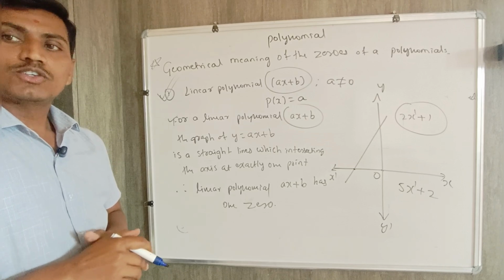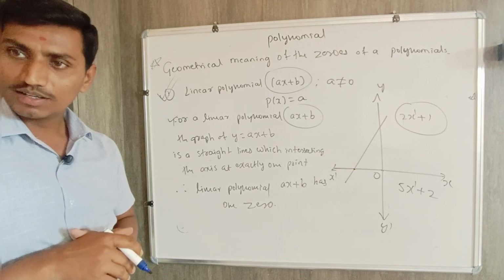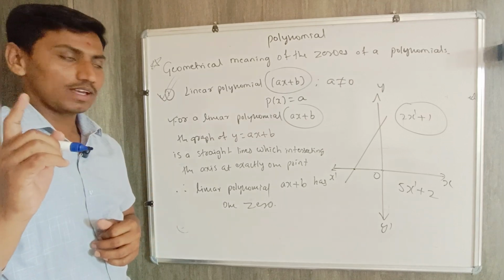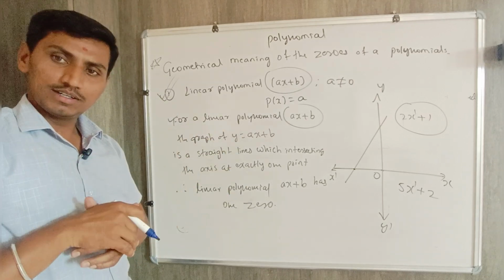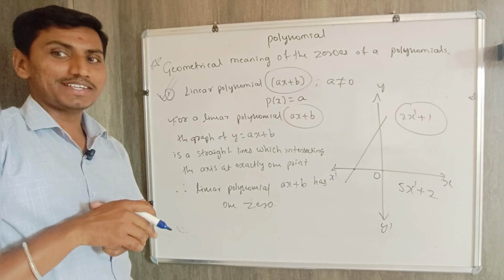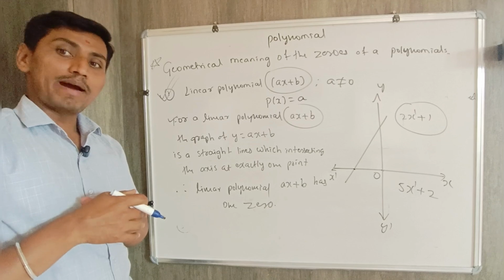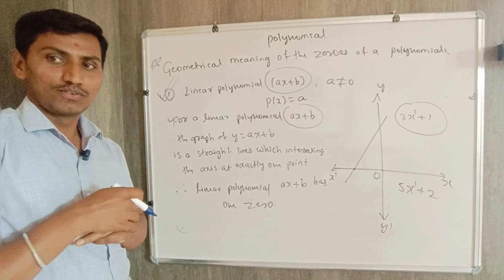So how many zeros in a quadratic polynomial? The highest power is 2. In a cubic polynomial, the highest degree is 3. In a biquadratic polynomial, the highest degree is 4.